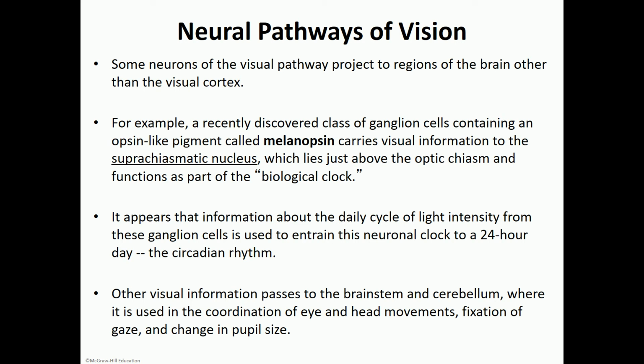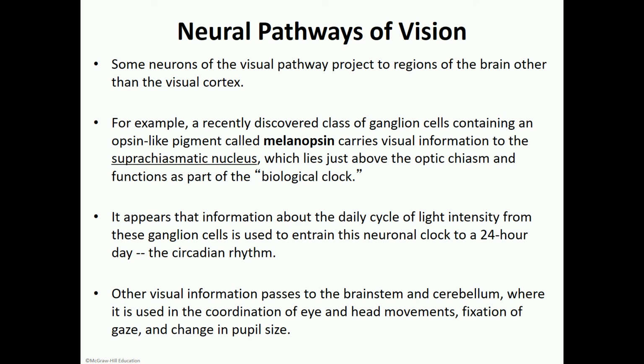And that is why when you want to fall asleep, you want to calm down, you want to turn off the lights. You do not want to be looking at your cell phone. All of that light hitting the eyes will stimulate the ganglion cells and break down melanopsin, and that is going to stimulate the suprachiasmatic nucleus, tricking yourself into thinking that it's still light out there and you still need to be awake.